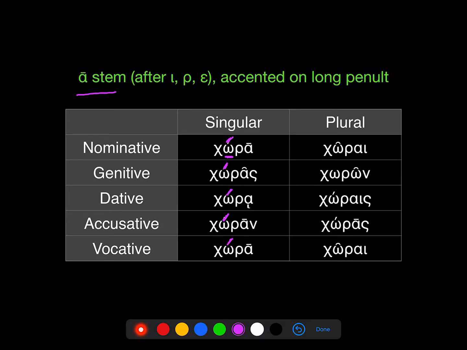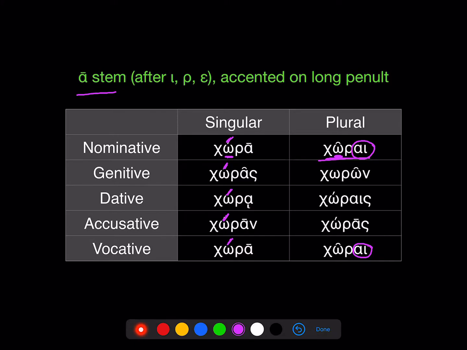But it's still accented over that omega. But, and here's another exception, the final alpha iota in the nominative and vocative plural of first declension nouns counts as short, even though it's a diphthong. It counts as short for purposes of accentuation.